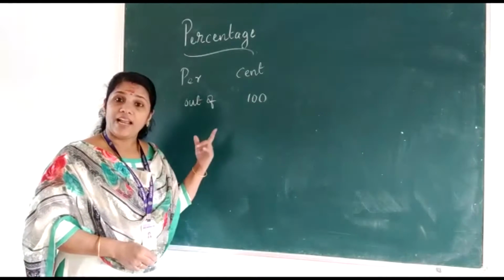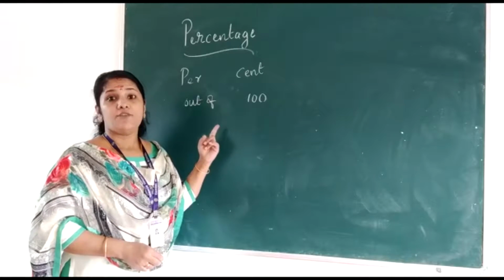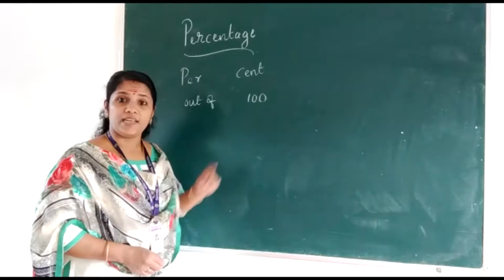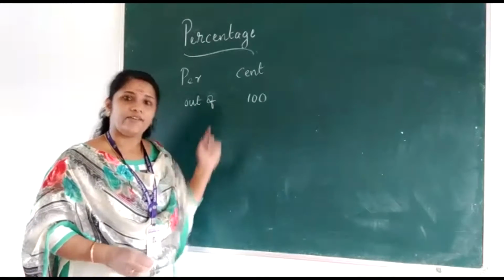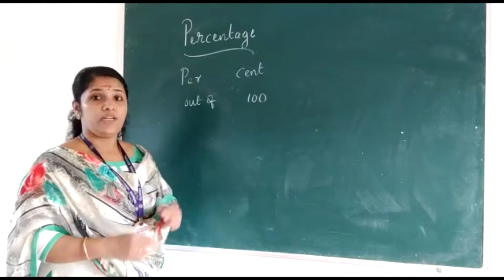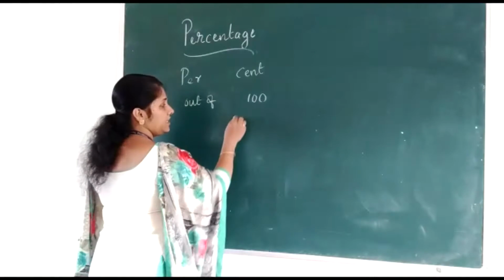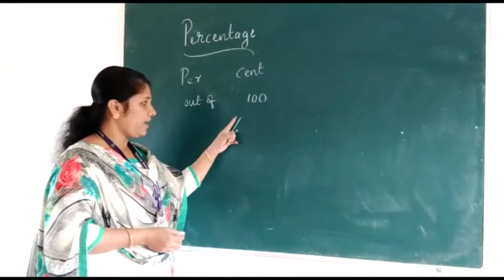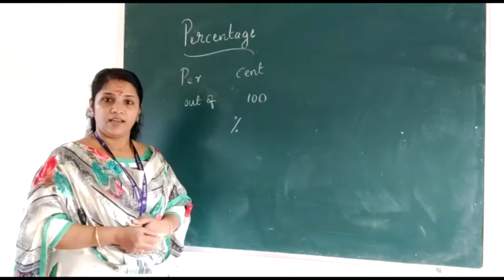So, we are calculating percentage for each 100, or out of 100. The symbol we use to denote percentage is this. It's a slash line and two dots, right?